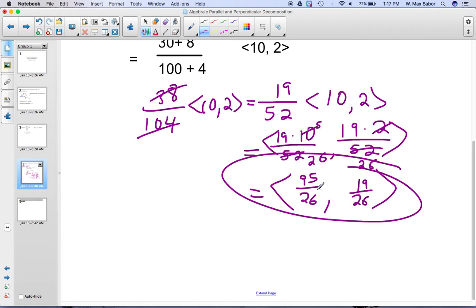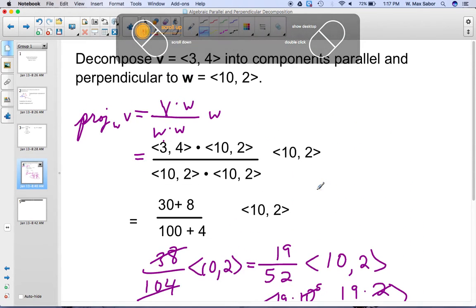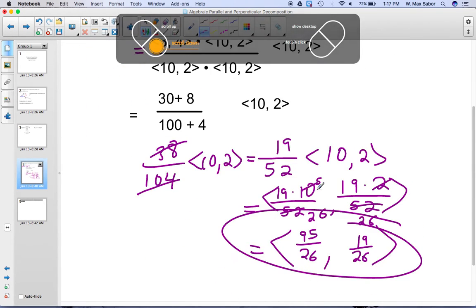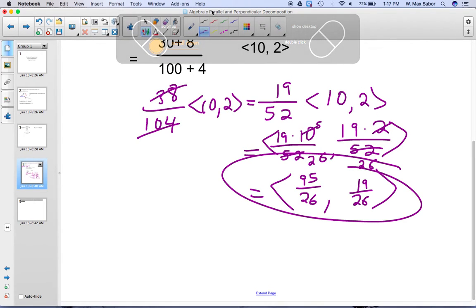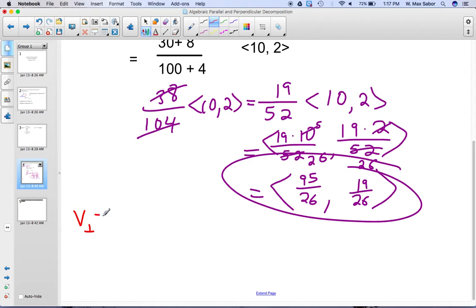That was a bit. Now we want to find the perpendicular component. We find the perpendicular component by subtracting. So the perpendicular component is the whole vector minus this parallel component. Another way to write that is V minus V parallel.